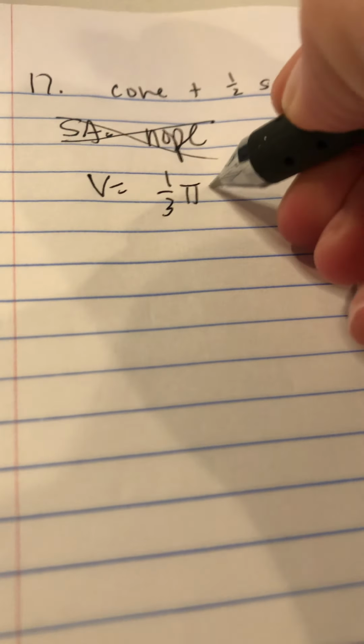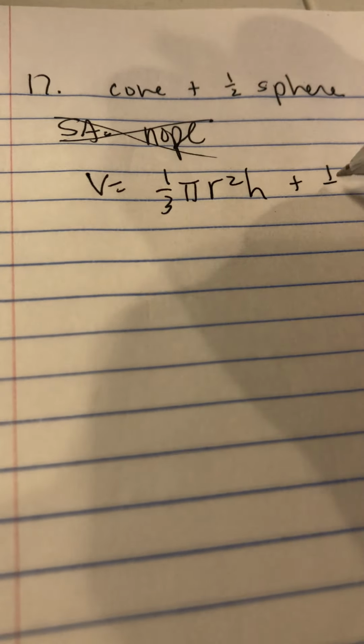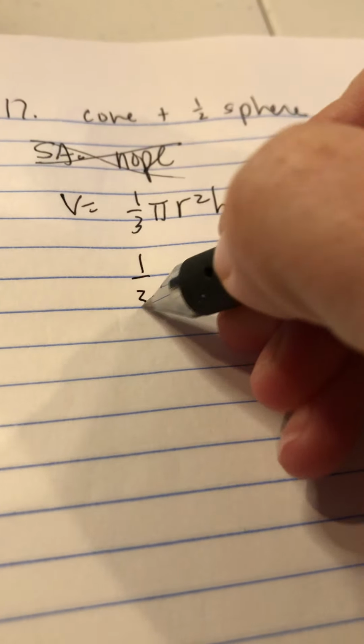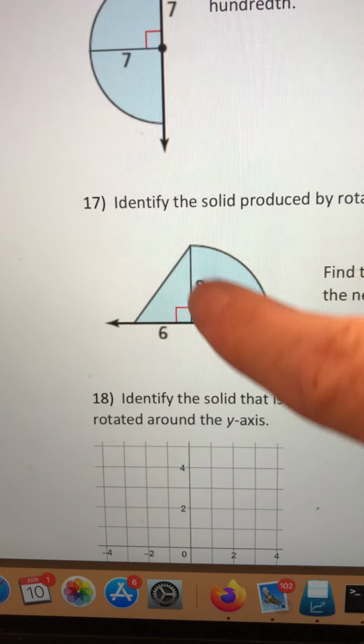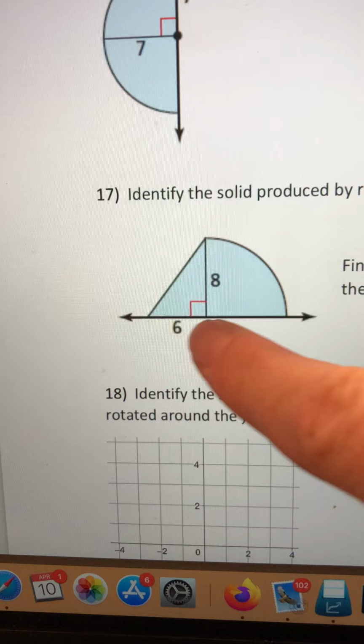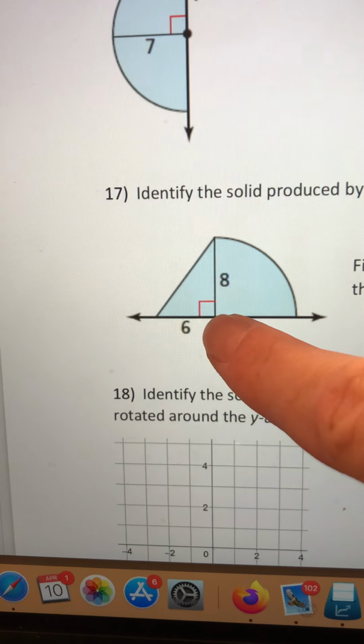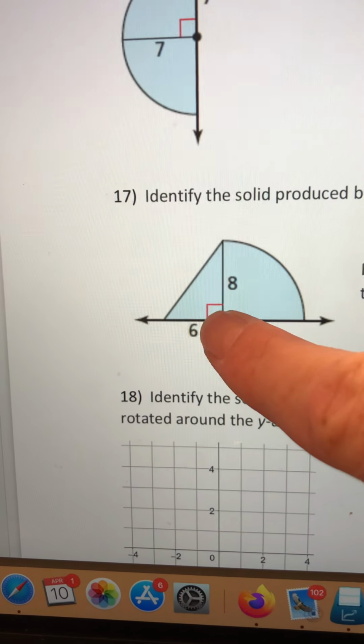I hope not. Because the volume, we would do the cone, which is 1/3 pi r squared height, plus half the sphere, which is 4/3 pi r cubed. So we have 1/3 pi. We have to know the radius. The radius here is 8. And for the cone, the height is 6, right?